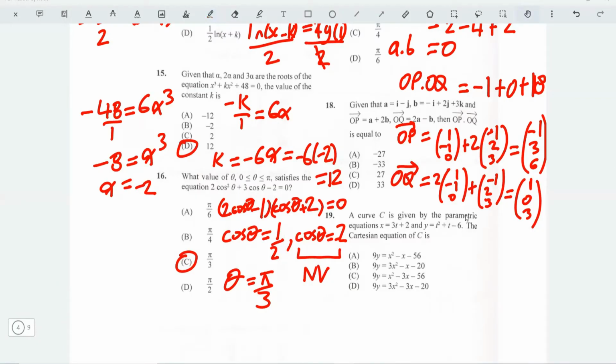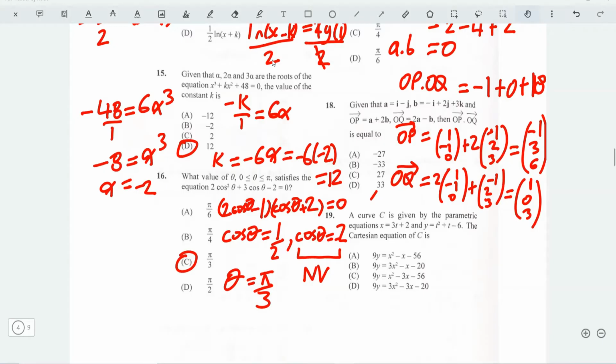Because I'm getting 17, I would have made an addition error somewhere, because the options don't have 17. So let's check back. This is A, 1, minus 1, 0, because there's no k. And as you can see, B is negative 1, 2, and 3. So A plus 2B. Here's the mistake.